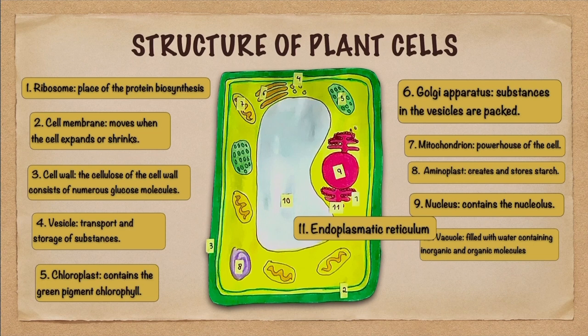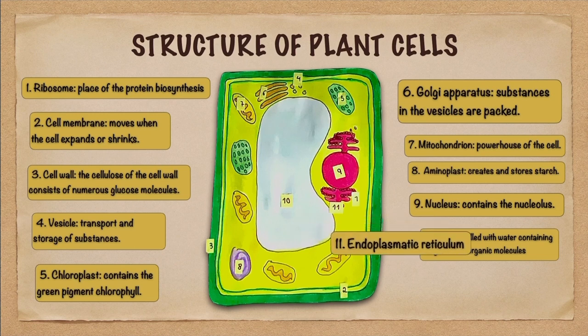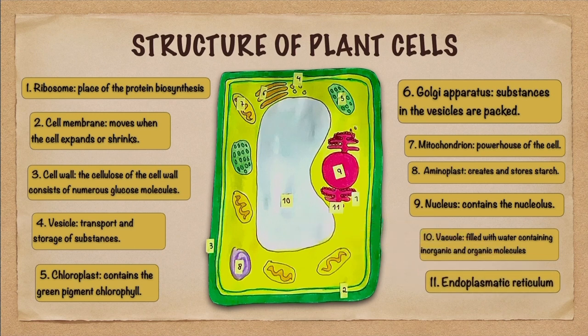Now the endoplasmic reticulum, or ER, and it's also the same as with animal cells. As you can see, the structure of the plant and animal cells are very similar because at the end they are cells. But there are some things, 2 or 3 or 4, that one has and the other doesn't have.